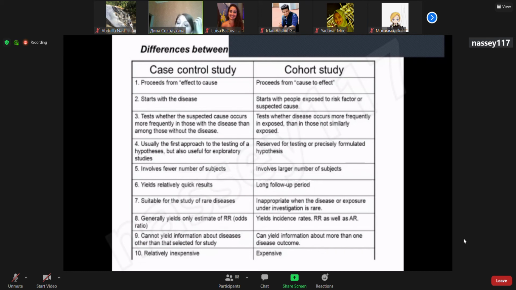Estimation of risk will be our next lecture, but I will say that direct estimation of risk by incidence is possible in cohort study only, while in case control study, we have estimation of risk by a special method, which is called odds ratio.